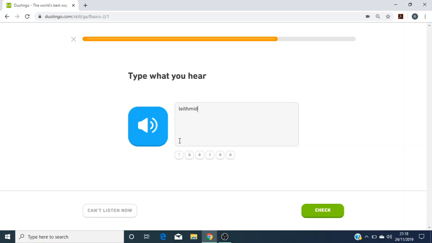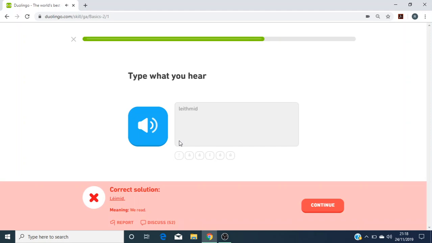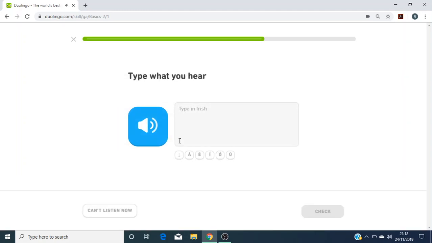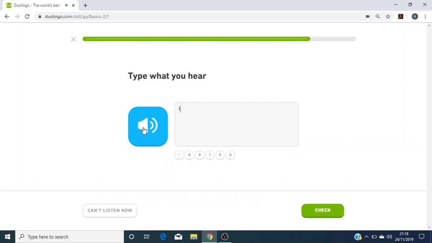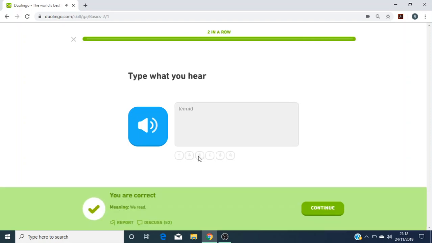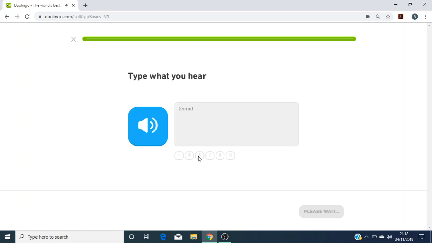I think I've spelled that right. Oh, no, we read léimid. There's no TH in it. Léim. That's I read, and there's an accent on the E. Léimid. So, yep, won't make that same mistake again. Let's remember to put the accent on the E. We read. There we go.